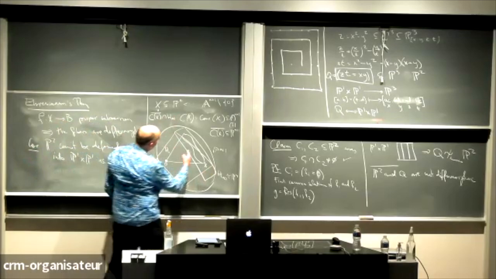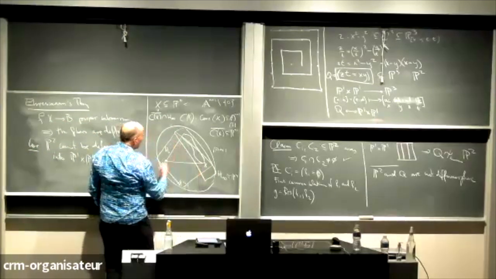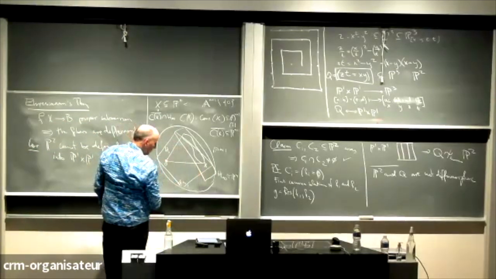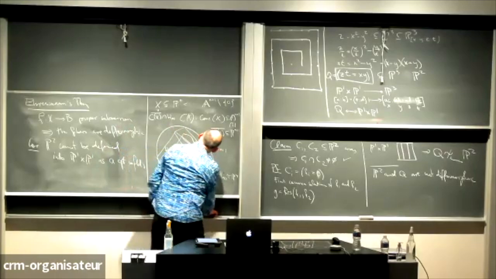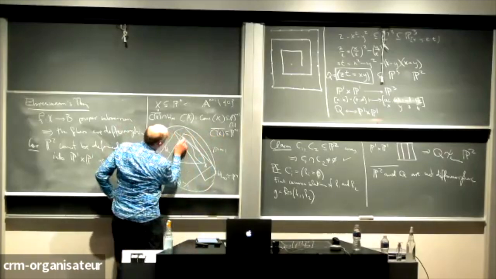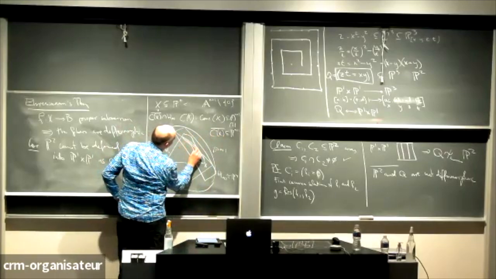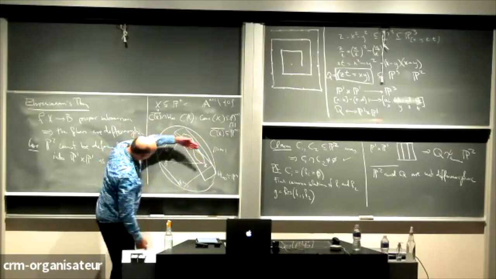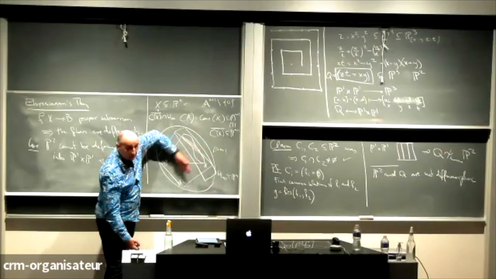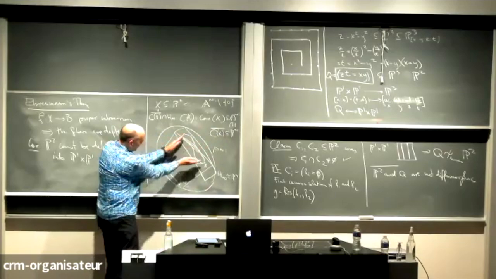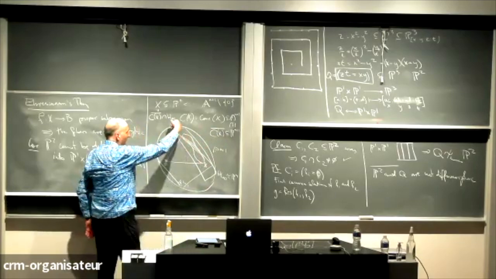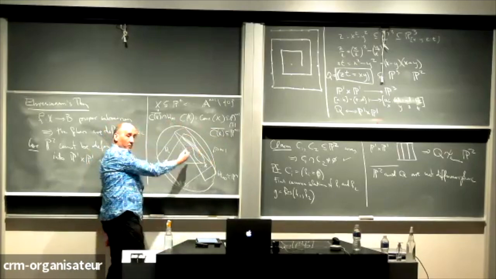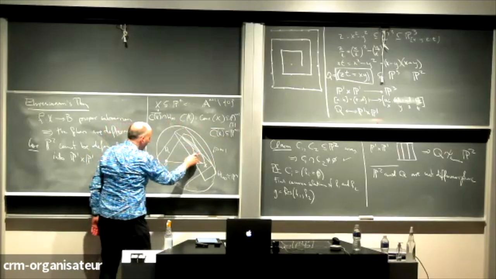And then I can think of, maybe I'll use the yellow thing. So I have this intersection with X. And so if I take this H0 hyperplane and intersect it with this cone, then I get the intersection of this hyperplane with the original X and the cone of that.